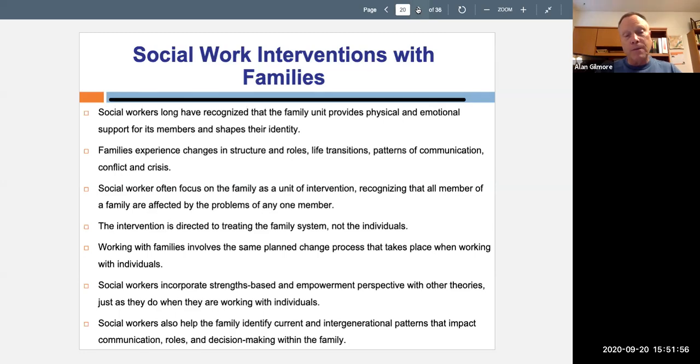Social workers also help the family identify current and intergenerational patterns that impact communication, roles, and decision-making within the family.